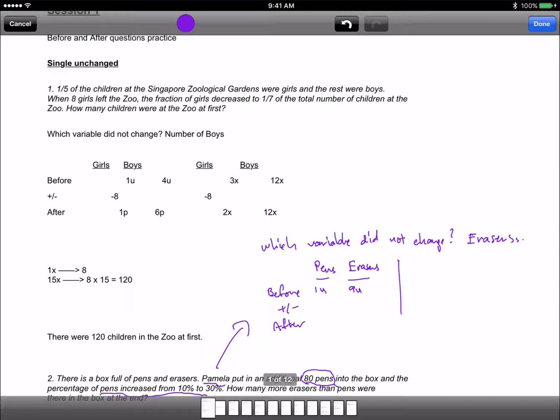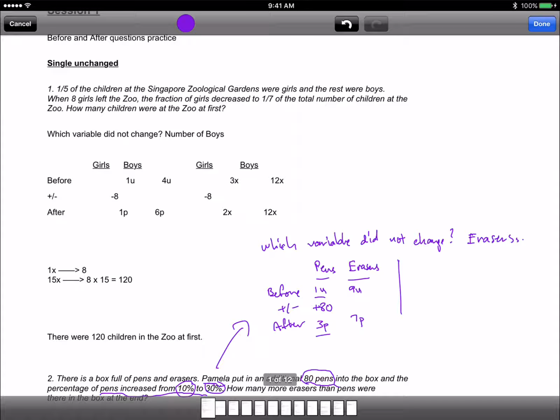Why? Because of the 10%. So I added in additional 80, and then it became 3 parts to 7 parts. Now why 3 parts here? Because it became 30%.